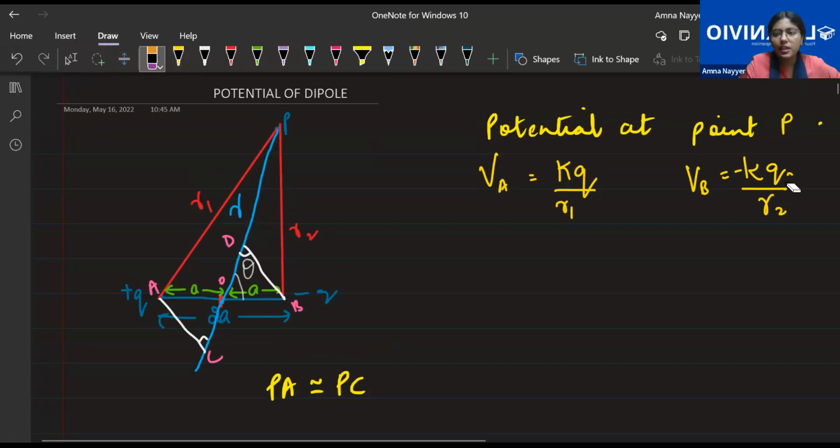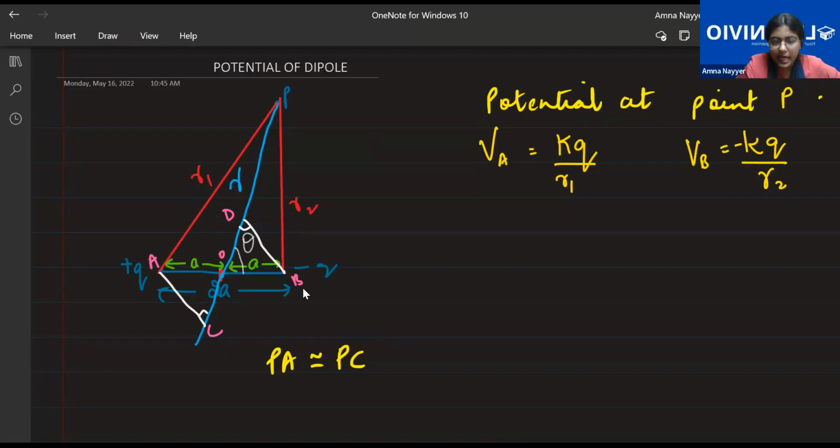Yes, this is the potential due to each individually.